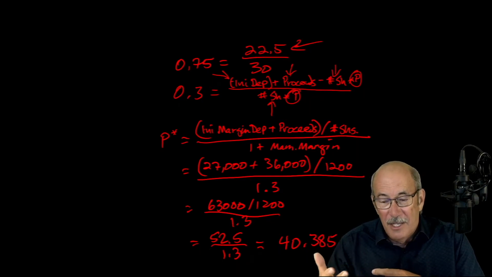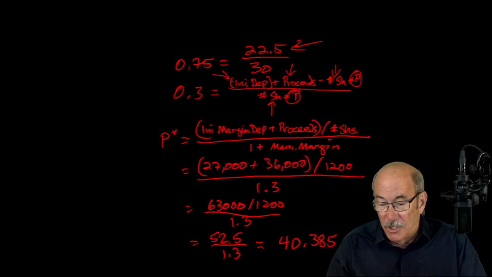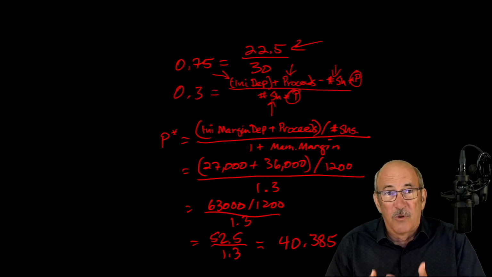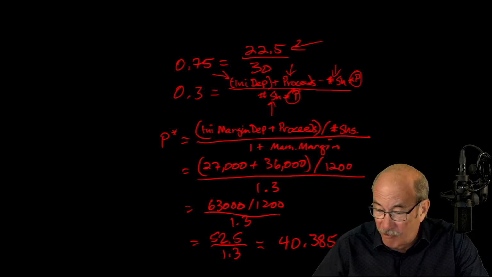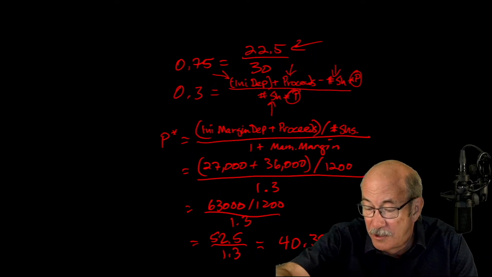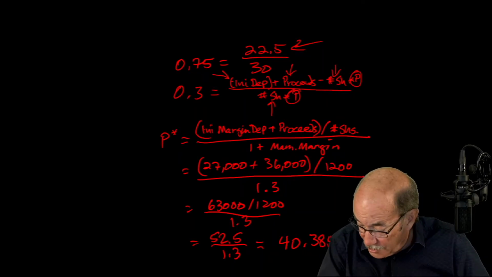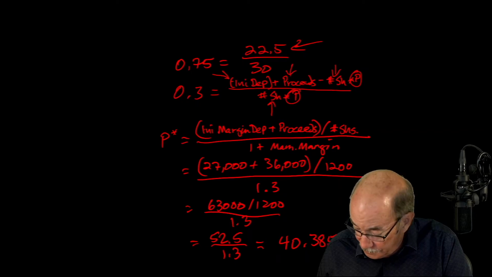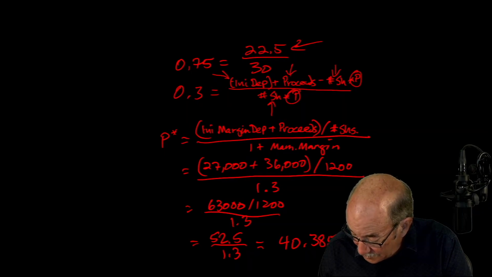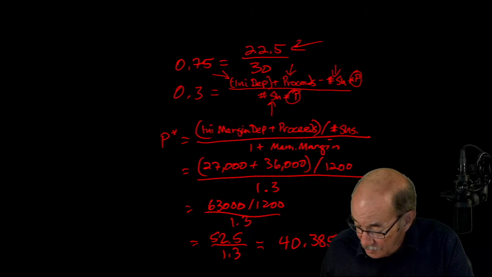So now that initial margin deposit is your actual account equity at the time you open the position. In fact, this is probably a good thing to look at too. Let me jot down these numbers just so I've got them: 27,000, 36,000, and our 1,200 shares.